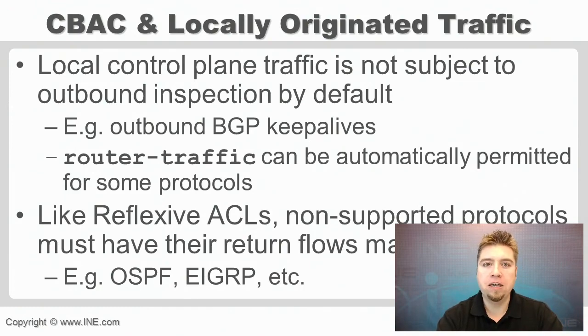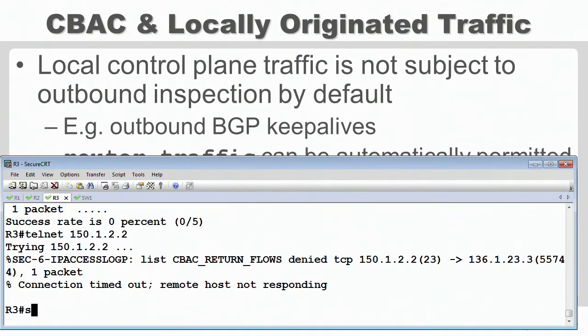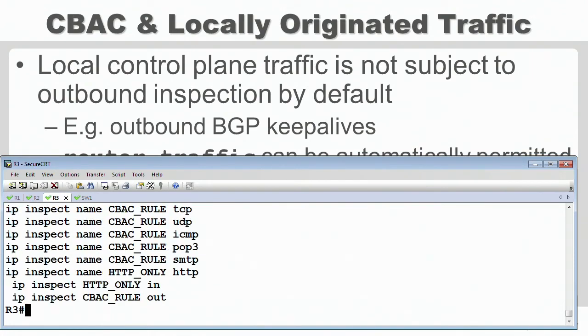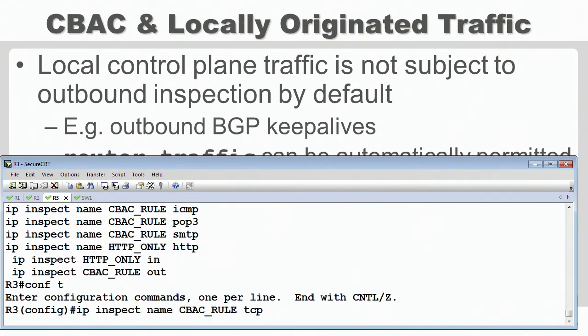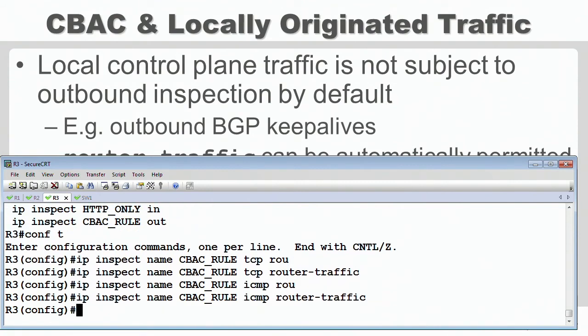But in the case of the CBAC, we have this option for the router traffic when we're doing an outbound inspection of TCP, UDP, or ICMP. Now again, it's not going to work for everything, like we saw. It's not going to work for OSPF. But if we go to router 3 and show run section inspect, we could change a couple of these rules, like the TCP one to say include the router traffic, and the same for ICMP, include the router traffic.